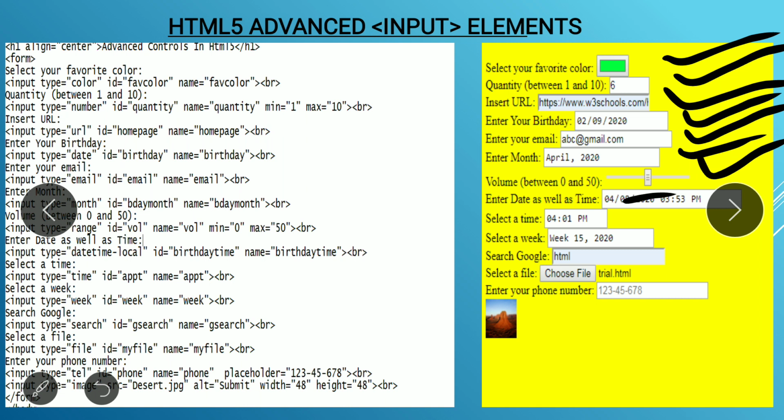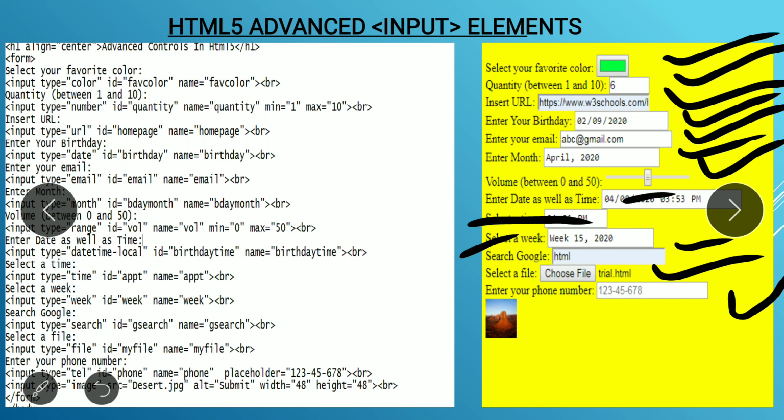I think this is not a time, this is a date, time and local, right? And this is the time, this is a week, this is search, this is file, and last this one is telephone number.